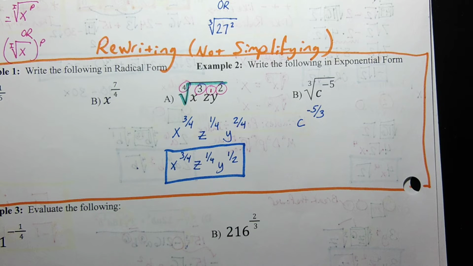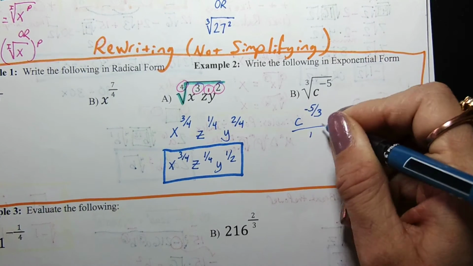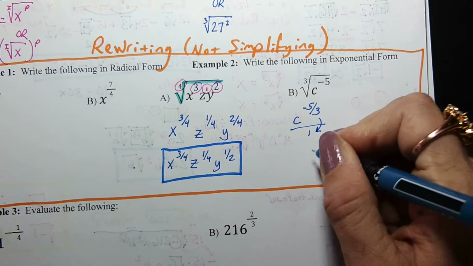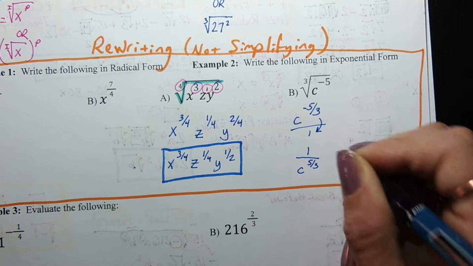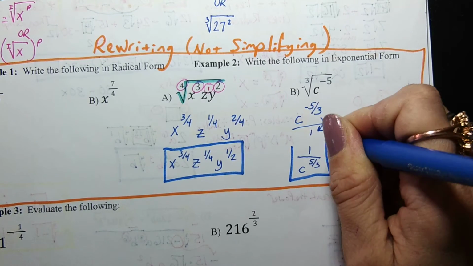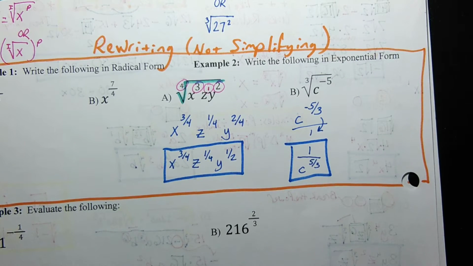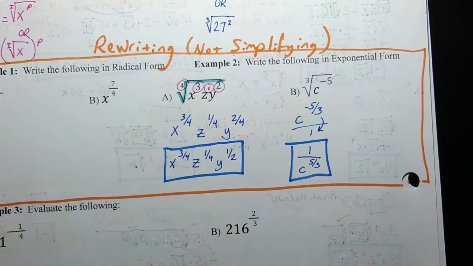Send it to the downstairs to take care of that bad attitude or resolve that negative. So we're going to send it to the downstairs, and we get 1 over c to the 5/3. So I'm just rewriting it, but handling any power issues like non-reduced fractions or negative exponents.